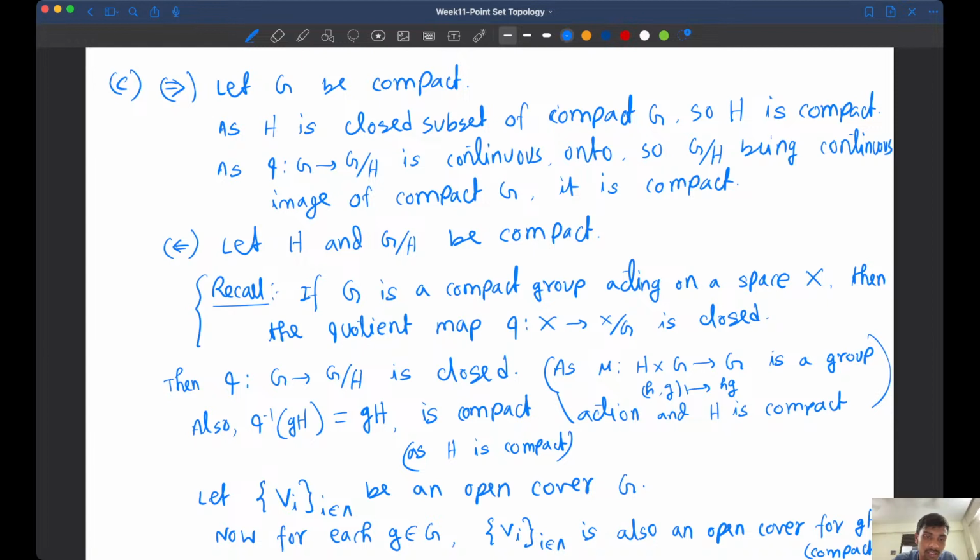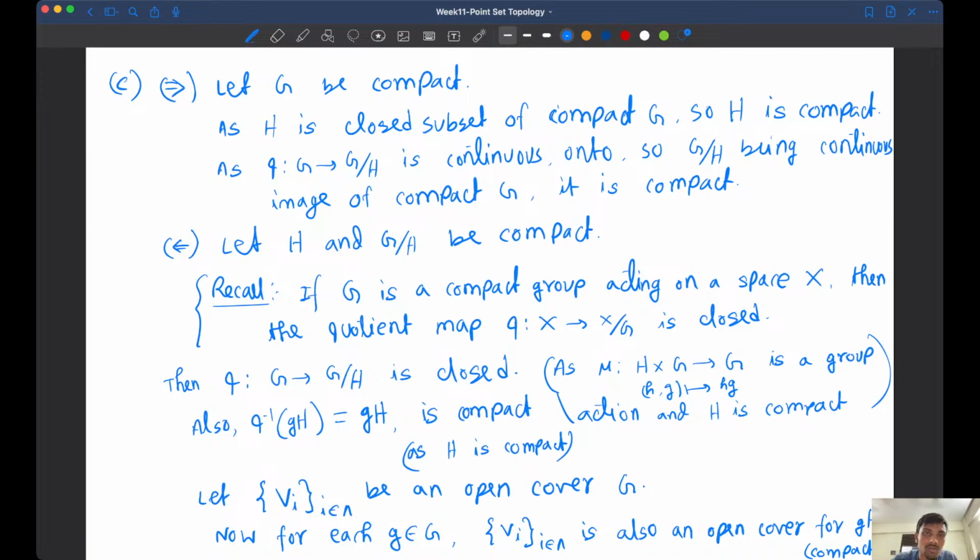compact set in G. So if I consider an open cover of G, it will also cover each of these subsets GH, and as they are compact, we get a finite subcover for each GH.